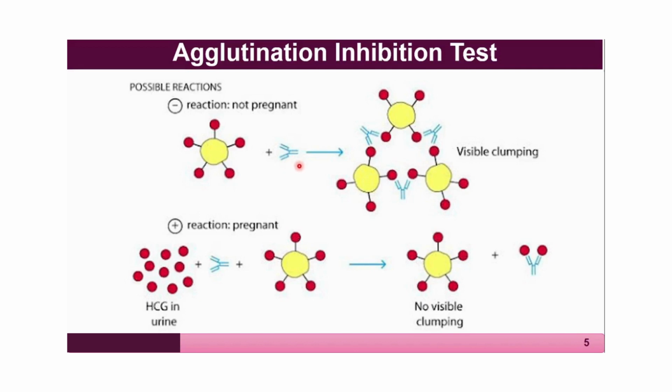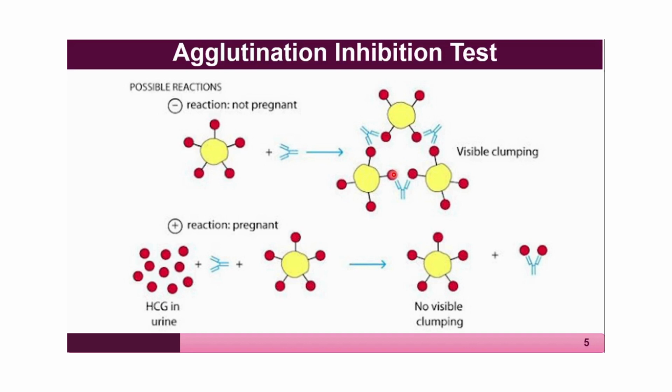If the urine sample which has come for test does not contain the HCG, then when you add the coated latex particles and the anti-HCG, the coated latex particles get readily clumped by the anti-HCG, and that visible clumping can be seen like this.